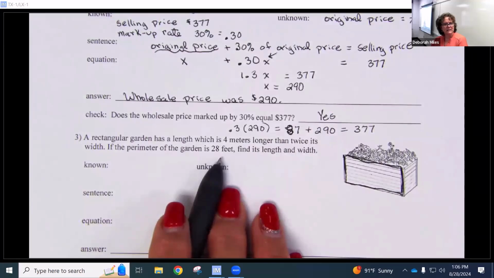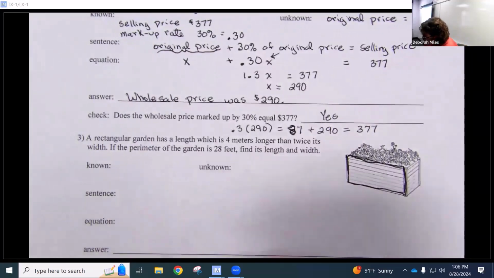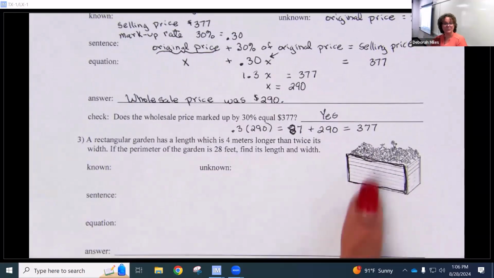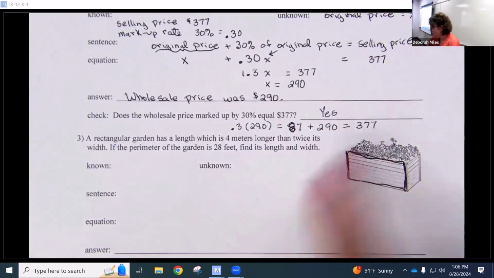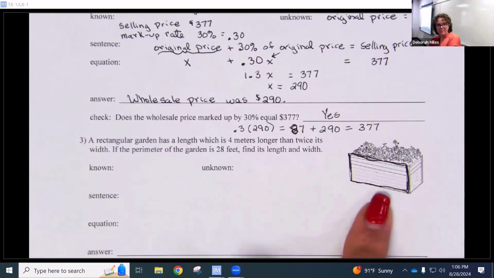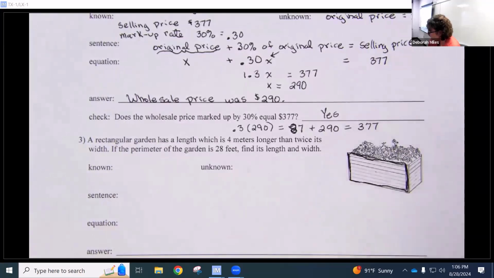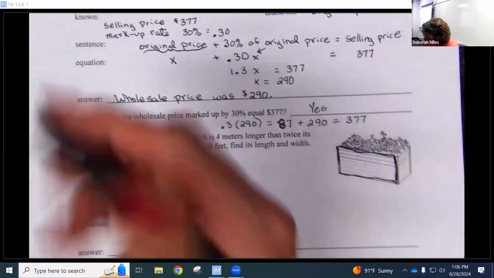To really make sense, I should say perimeter of this side of the garden. I just realized that didn't make sense according to my picture. But if I'm only talking about the perimeter of this side, I can say that the perimeter is the thing I know.